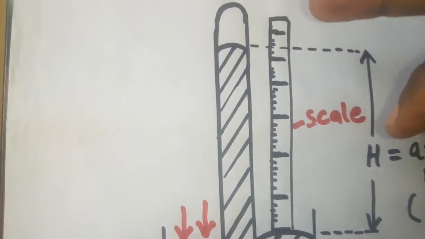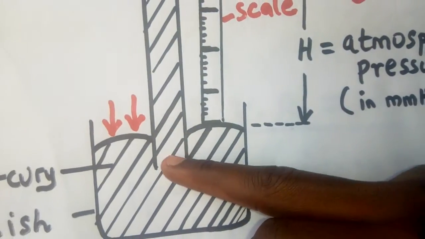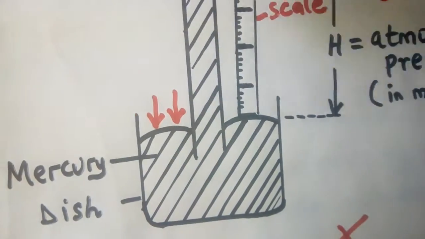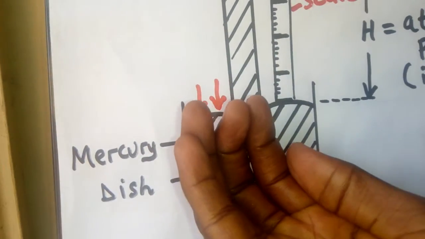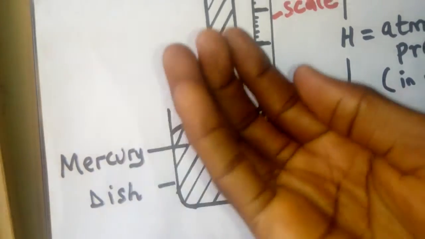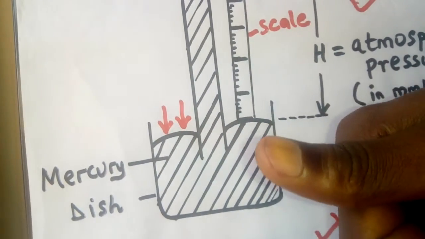Look at this tube. This side is closed, but this side is what? Open. So on the open end, before you invert, before you turn it upside down, you get the tube the way it is, fill it with the mercury. Is that okay? Then at the open end, you put your finger.